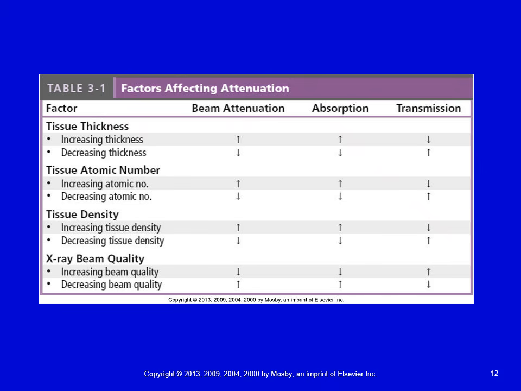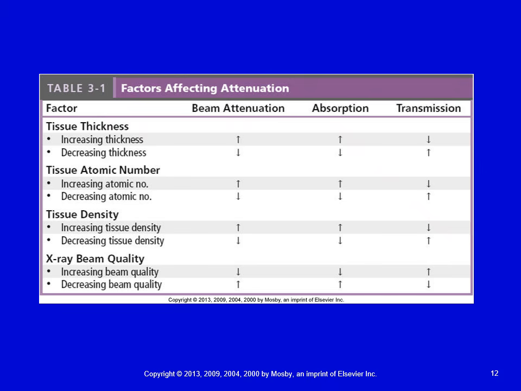Bone will attenuate or absorb more of the X-ray beam, and if it is absorbing more, that means less will be transmitted. We know that because bone appears as shades of white, or light areas, which tells us that a lot of the X-ray photons in that area were absorbed or attenuated.